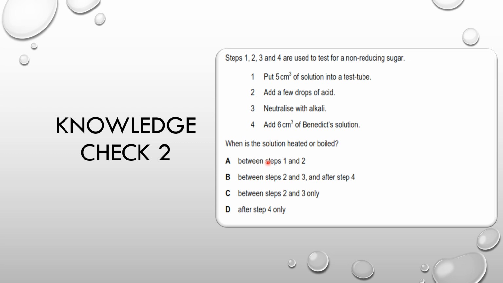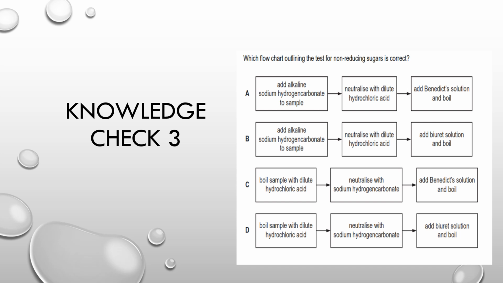So A says between step 1 and 2 no, between step 2 and 3 yes, after step 4 yes. All right, so B is the answer. C says between steps 2 and 3 yes, but not only, because after you add Benedict solution you have to heat again. All right, it's between steps 2 and 3 and after step 4. Okay, let's go to the next question.